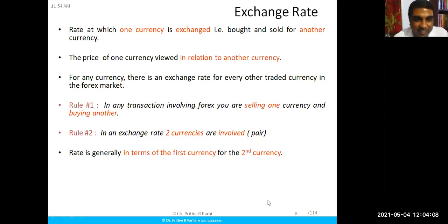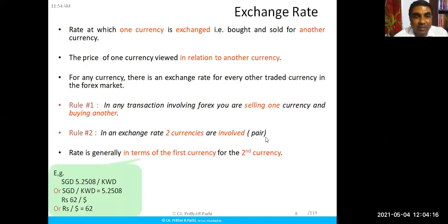We'll understand that concept. When you say a rate, suppose I write it something like this. Can you see it here? Let us say I am writing SGD 5.2508 / KWD.